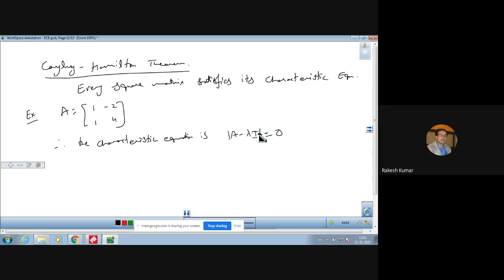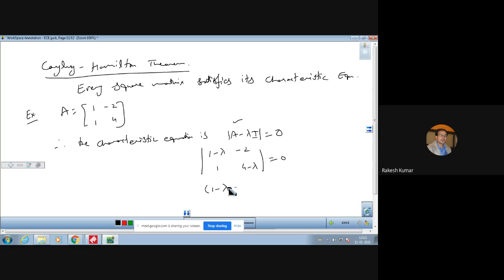We have already discussed how to find a characteristic equation. So that comes out to be determinant of [1 minus lambda, -2; 1, 4 minus lambda] equal to 0.